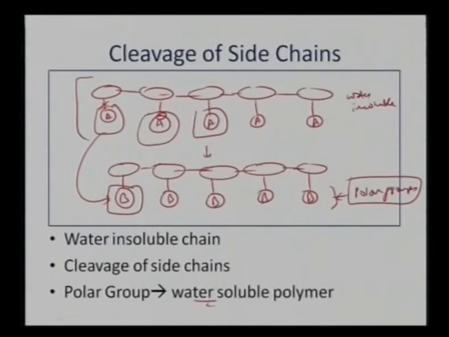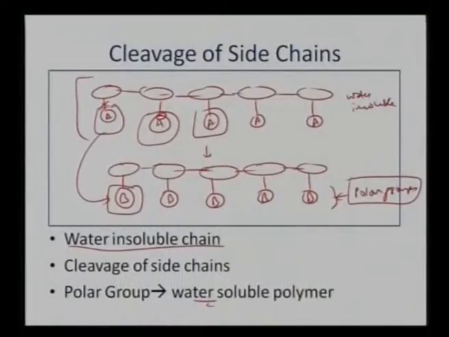So in the first case we have breaking of the cross linking, and in this case we have the cleaving of the side chains to result in a water soluble polymer. So we are starting with a water insoluble chain, and we have cleaving of the side chains, and that results in formation of certain polarity or polar groups, and that makes the polymer soluble in water.